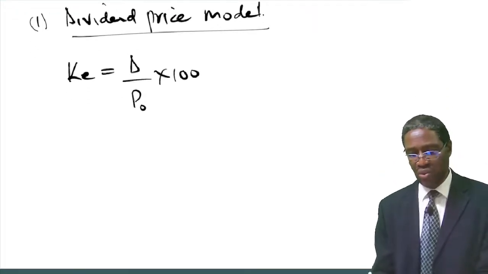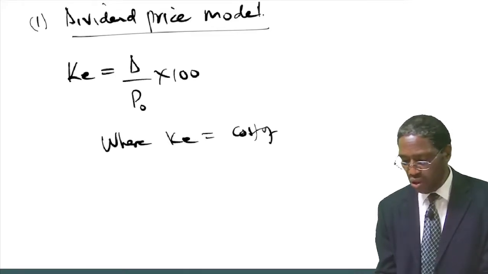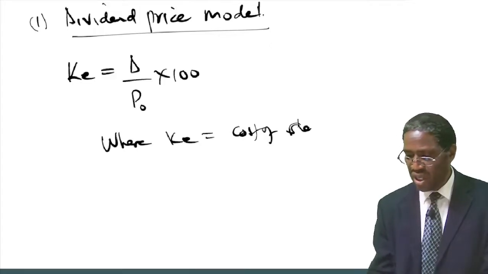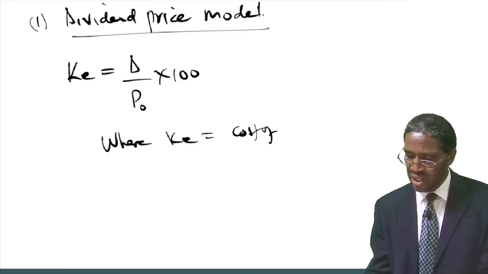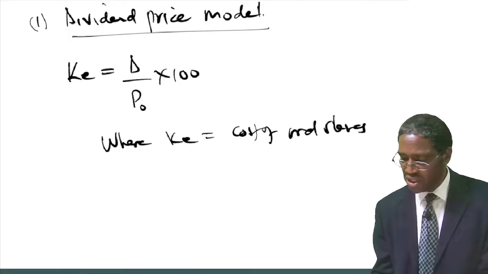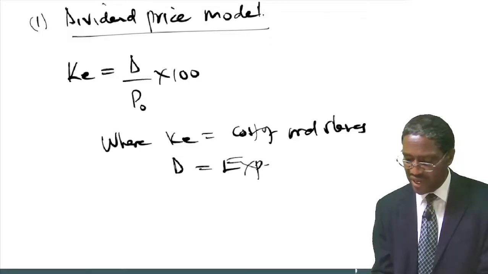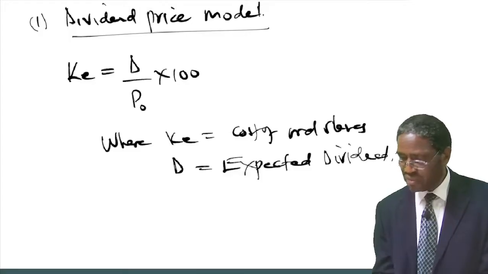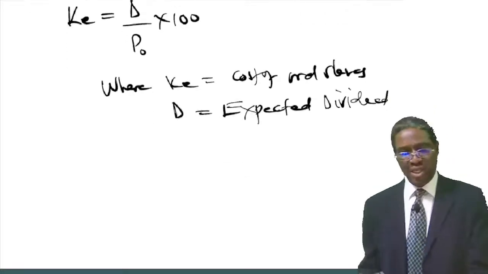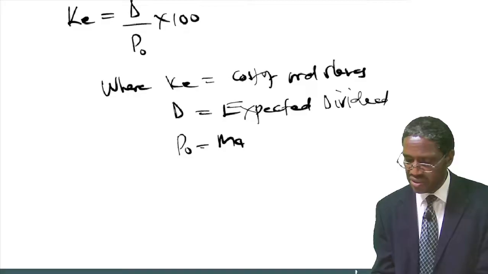Where KE represents the cost of ordinary shares, D represents what we are calling the expected dividend, and PO is what we call the market price per share.